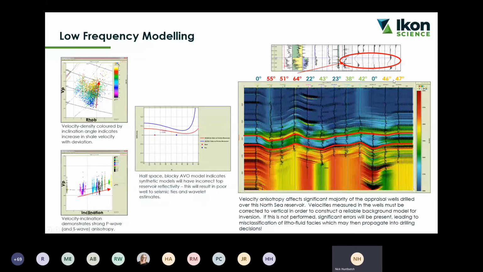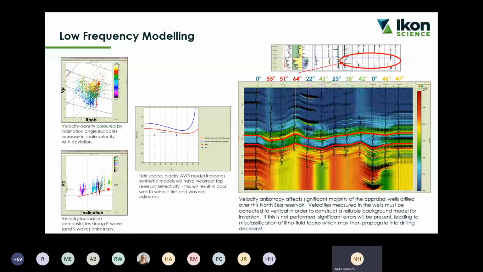So you can basically see that, given everything's at about the same depth, the inclination angle or the wellbore trajectory is having a big impact on the low frequency model that we're putting into the inversion, and therefore that will be pushed through into the inversion products.